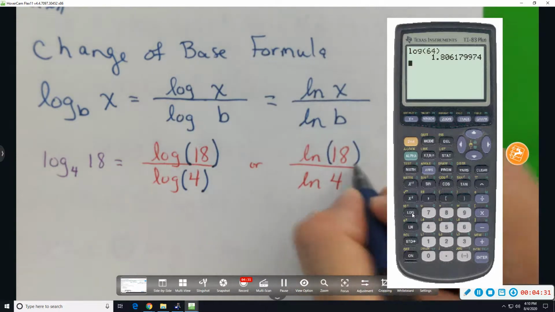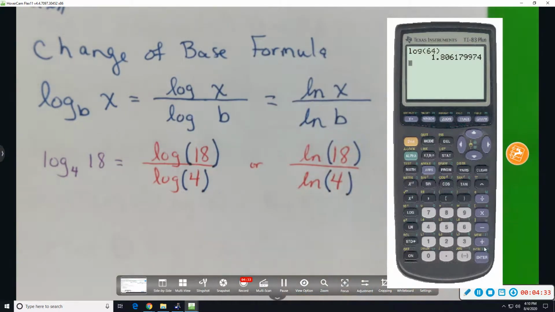Let's try it. What do y'all want to try? LOG or LN? I say let's do both of them. Okay, let's do both. LOG, it opened the parentheses. So I'll put the 18. And then I close the parentheses. If you don't close those parentheses, you're going to get the wrong answer. Divided by LOG. It opened the parentheses.